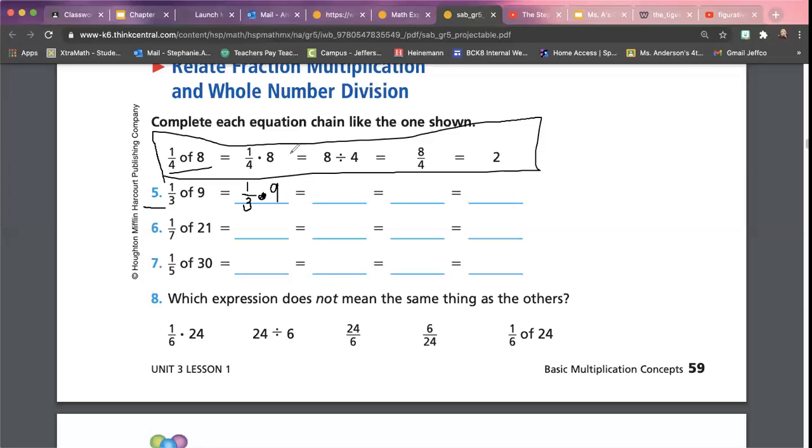So 1/3 of 9. So let's draw, and if you guys want to do this in your notebook, this could help you too. I'm going to pretend these are candles. They're going to be really bad. Draw yourself 9 candles. Pretend we're celebrating a birthday. Mine are kind of messy, but you guys could do a better job in your notebooks.